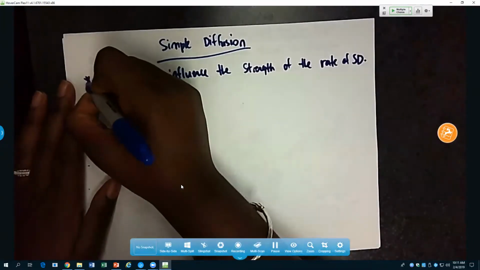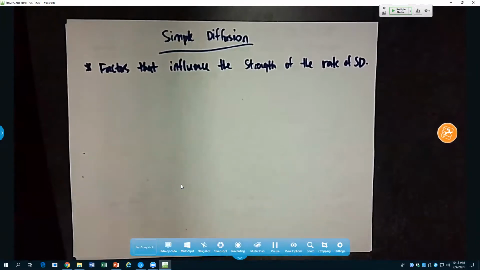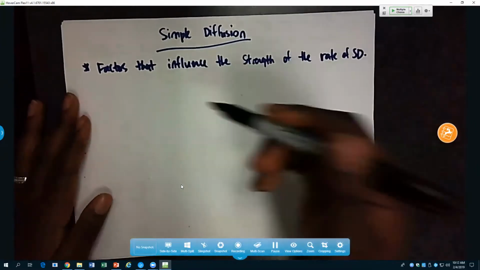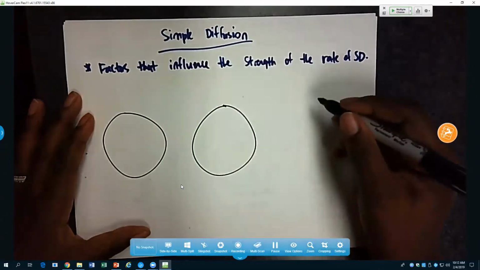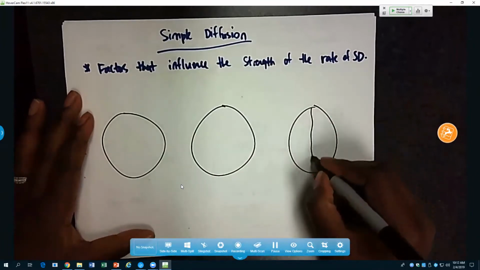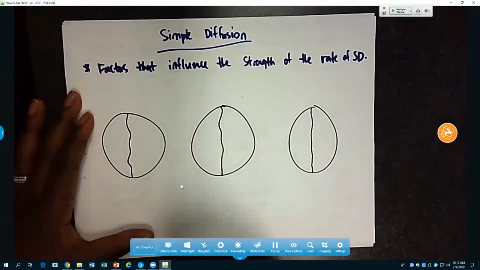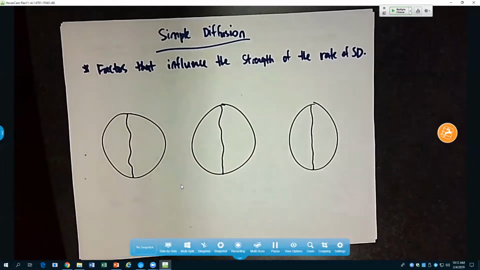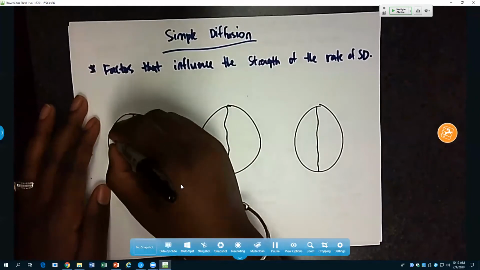What are the factors that influence the strength of the rate of simple diffusion? So let's look at 3 cells: cell 1, cell 2, cell 3. And let's say that there is a membrane dividing both these parts of the cell, such that there are some particles on either side.